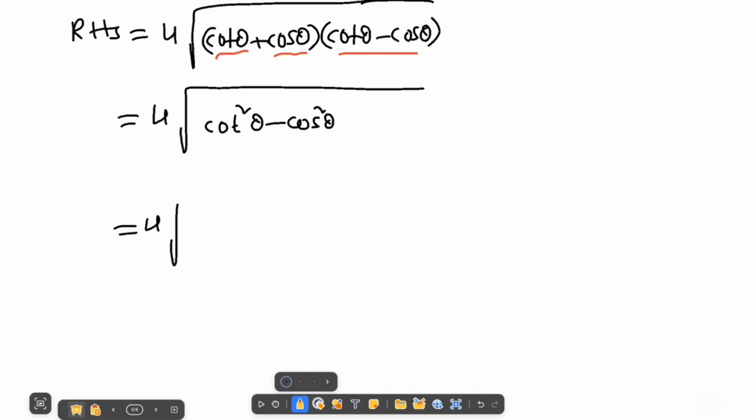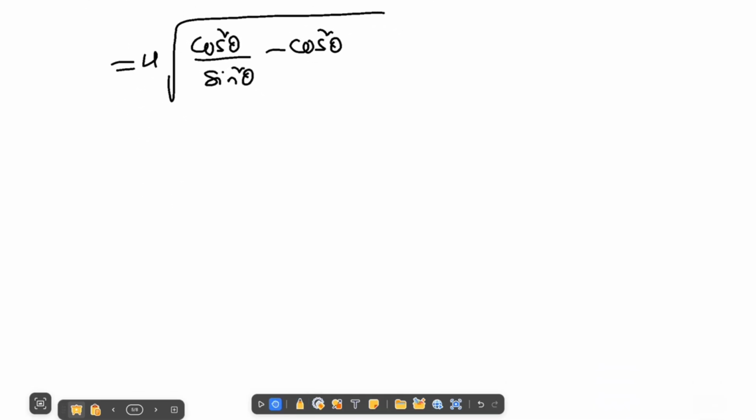So 4 times of this, cot square can be written as cos square theta by sin square theta, so minus cos square theta. So it is equals to 4 times of, now multiply sin square theta into cos square theta.